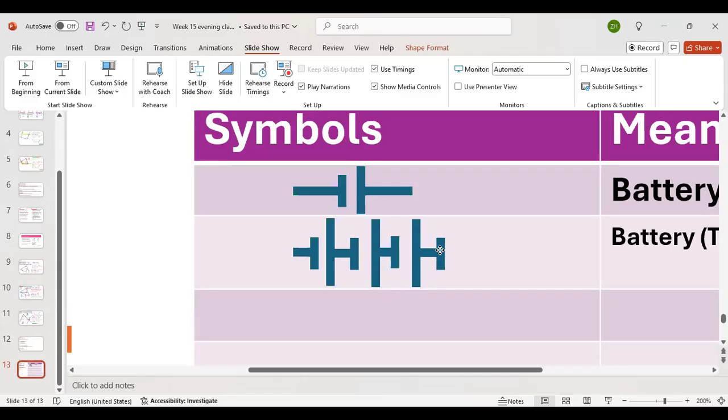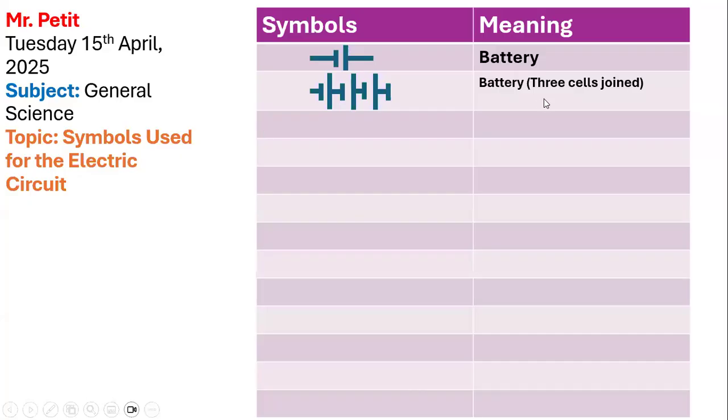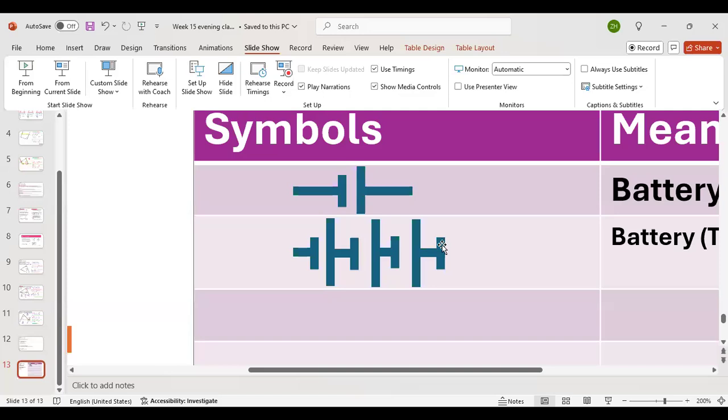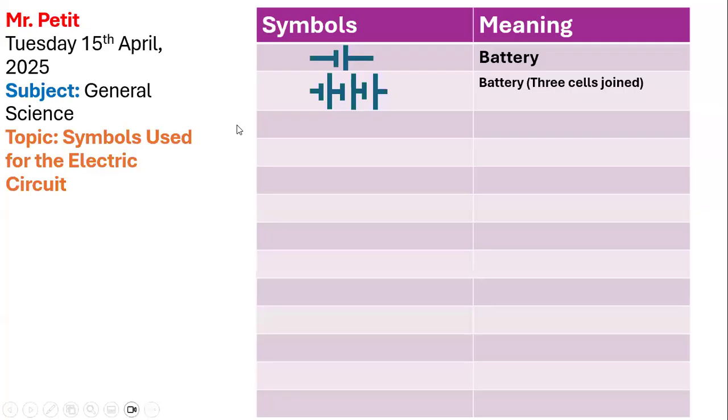All right, and there you have it. You have a battery with 3 joint cells. Wait 1 second. We don't need this last one. Yeah, so we should be good right now. So this is a battery with 3 joint cells.